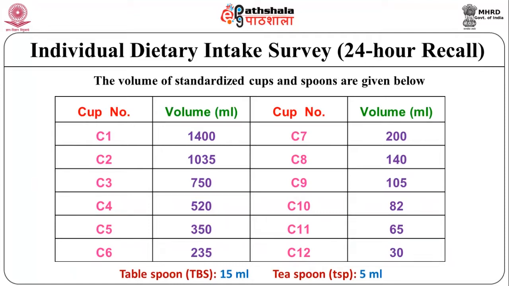So this table shows us that TBS stands for the tablespoon, which carries the amount of 15 ml, whereas a teaspoon carries the amount of 5 ml.